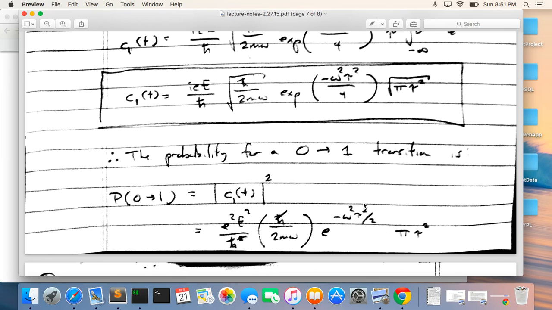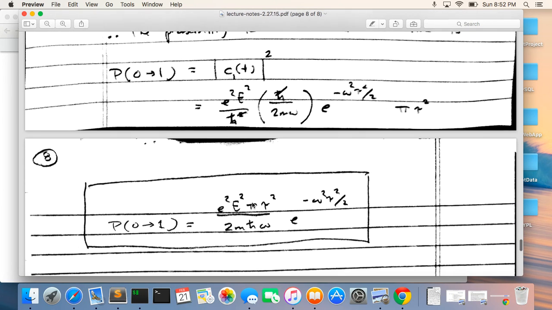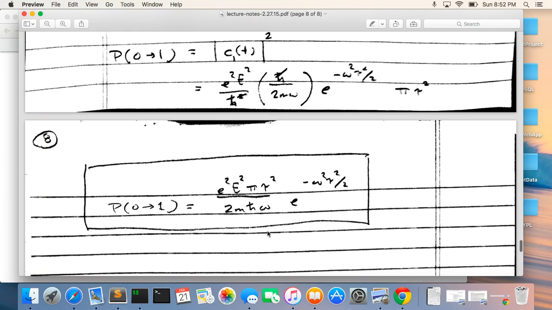So the probability for a ground state to first excited state transition is just this coefficient squared. I plug this stuff in, square it, and simplify, and I get something that looks like this. Depending on the value of tau, that tells us the probability of the transition.